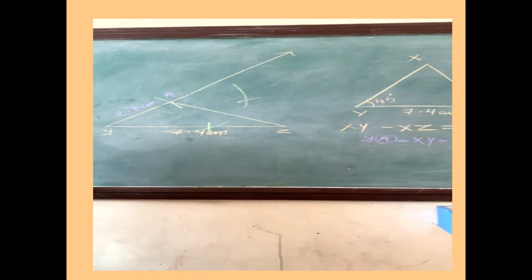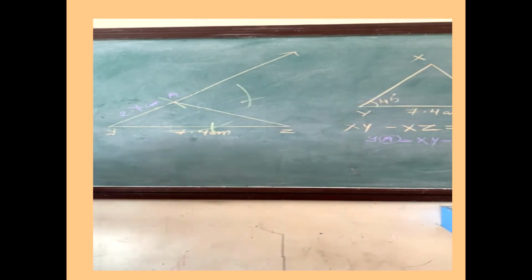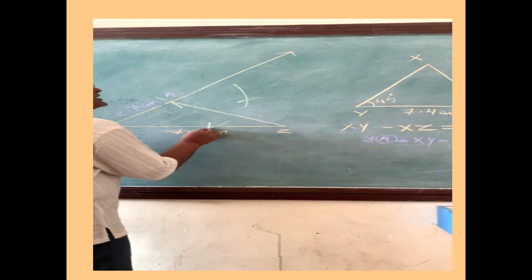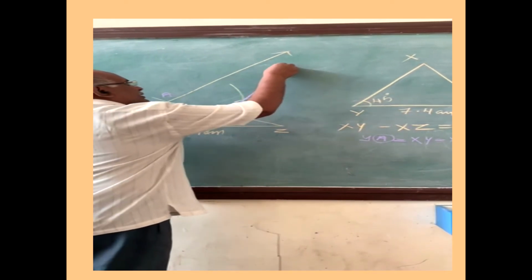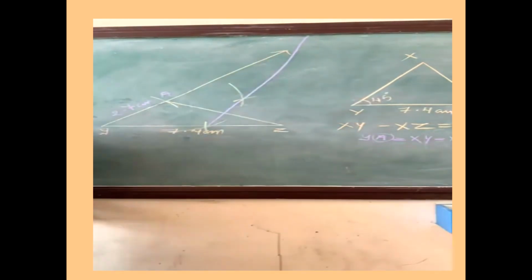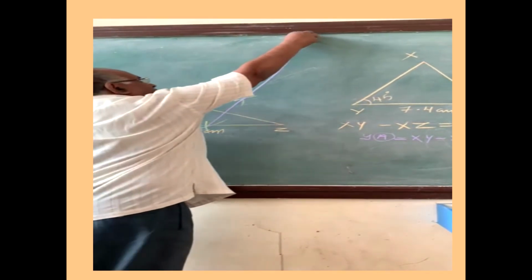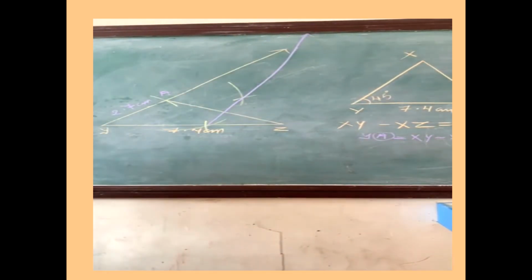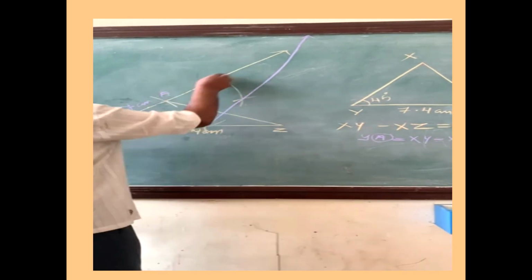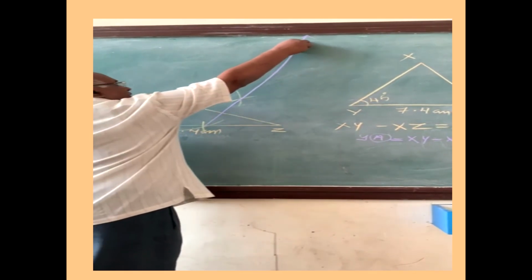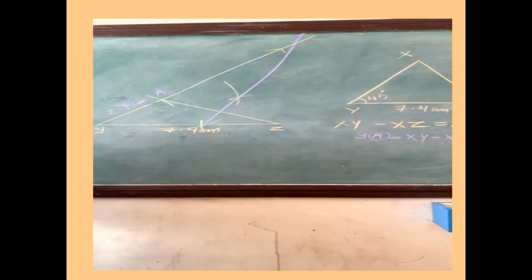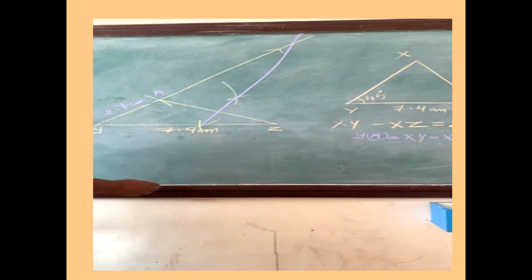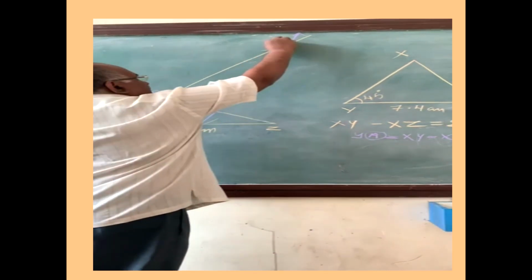So we got the two points. Passing through these two points, we will draw a line which will intersect this line after extension at a point. So this point will be named as X point.